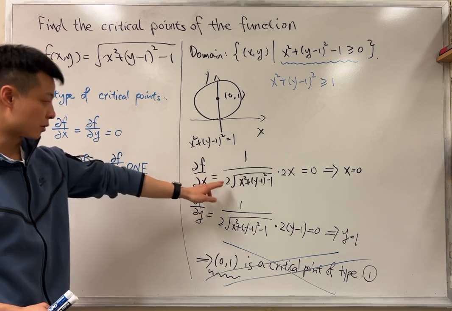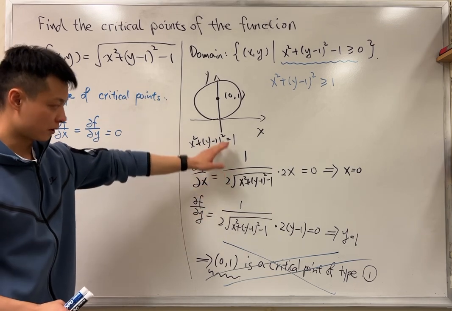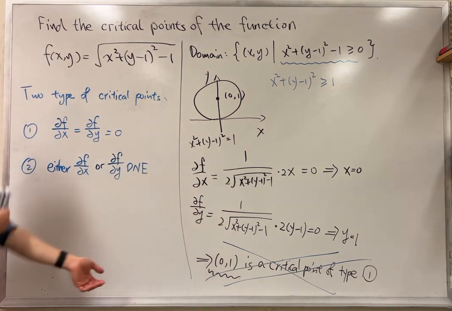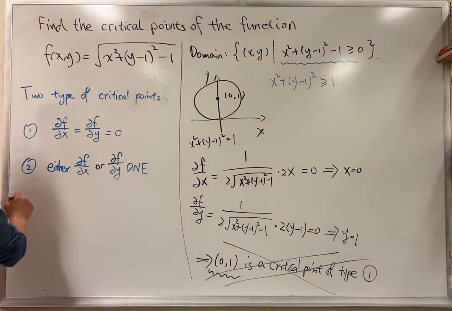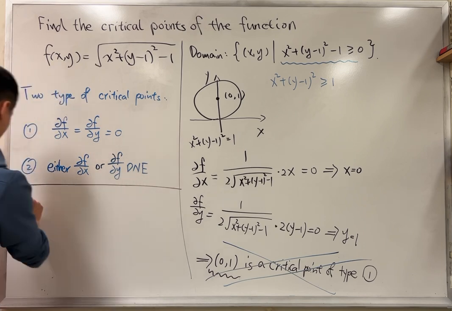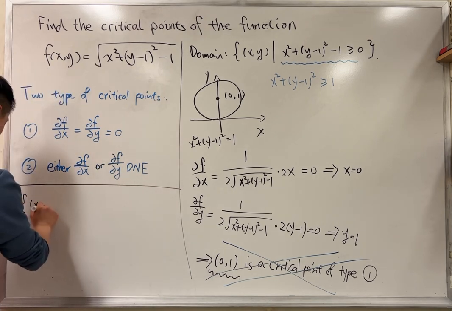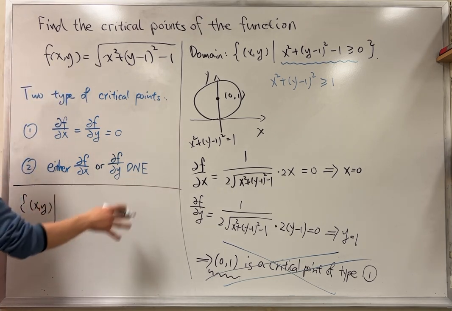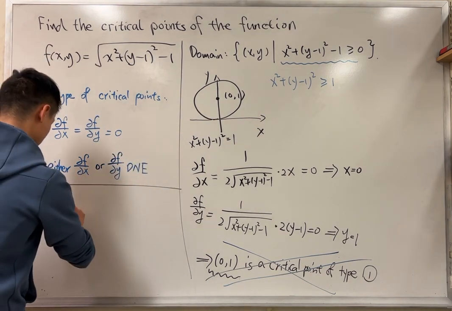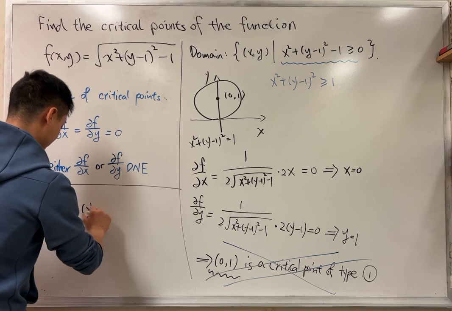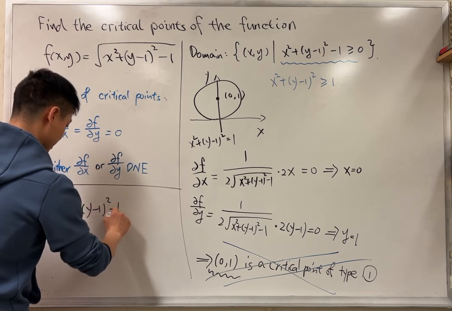When the denominator equals 0, we're going to have this function not defined. So we're going to take a look at those points (x, y) where the denominator is 0. So that is x squared plus (y minus 1) squared minus 1 equal to 0.